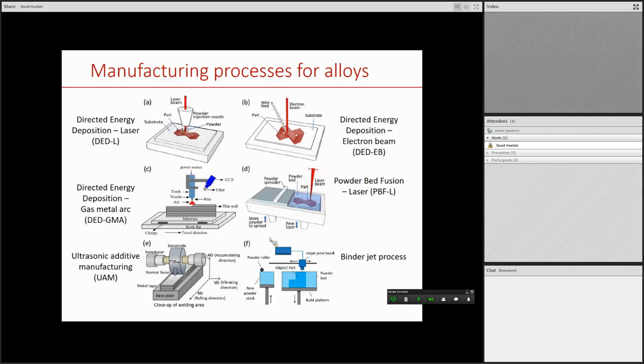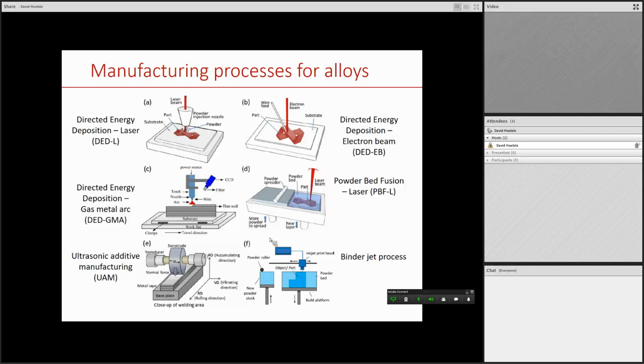Then we have ultrasonic additive manufacturing and the binder jet process. In this paper, they just focused on directed energy deposition and powder bed fusion because they share similar fundamentals like high energy density heat sources, localized melting and solidification.